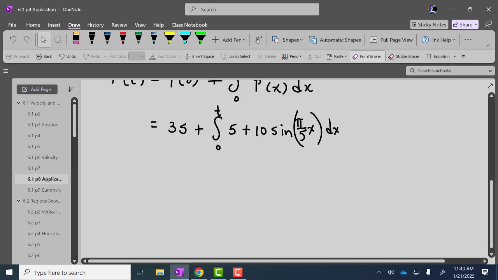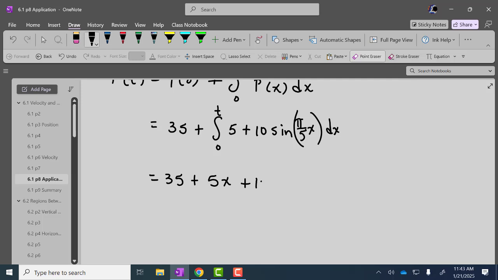Okay, so then we do our little integration process here. We're going to get 5 times x plus 10. Okay, integral of sine is positive or negative cosine? Negative cosine. So I'm going to write it like this. And again, I'm just going to leave this like that. Now, this is linear. So we divide by the coefficient.